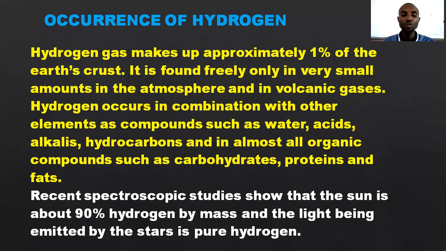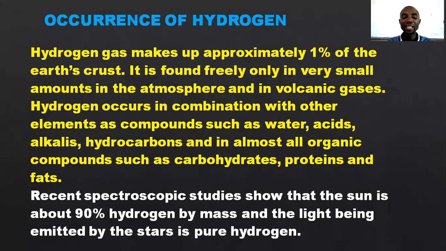But recent spectrometric study showed that the sun is about 90% hydrogen by mass, and the light being emitted by the sun is pure hydrogen.